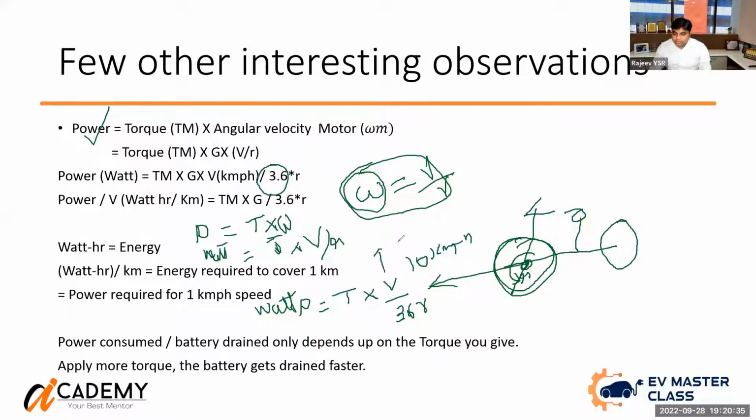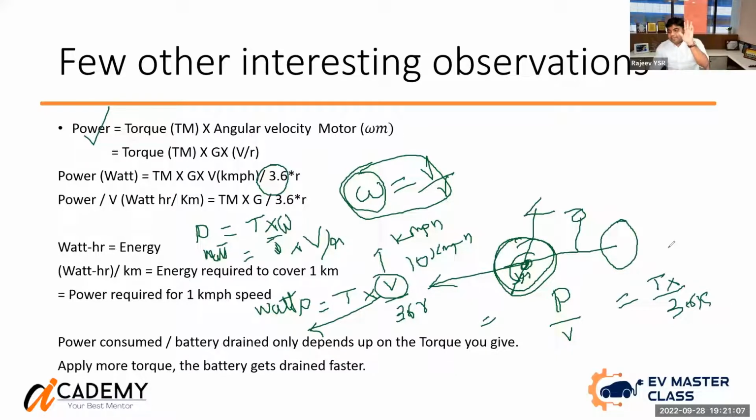The unit of this velocity is kilometers per hour. Now look at this. Now I am bringing this velocity here. That means power P divided by velocity is giving me the torque of the motor divided by 3.6 R. Are you here with me until now?